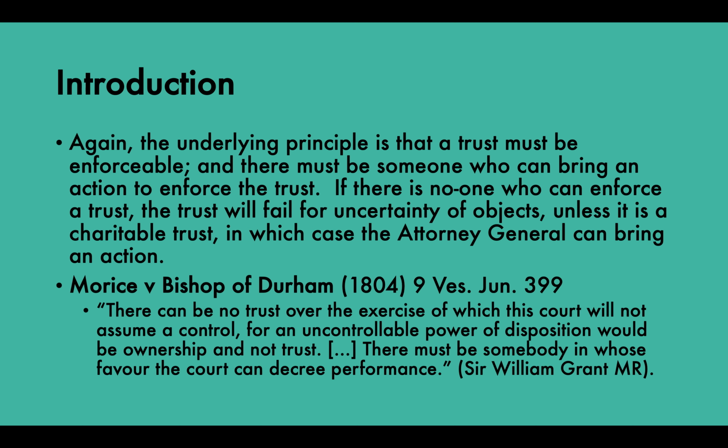And we have this quote from the Morice v Bishop of Durham case: "There can be no trust over the exercise of which the court will not assume a control, for an uncontrollable power of disposition would be ownership and not trust. There must be somebody in whose favour the court can decree performance." So that's just saying that there must be certainty of objects.